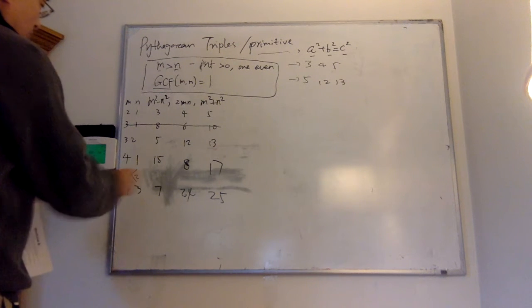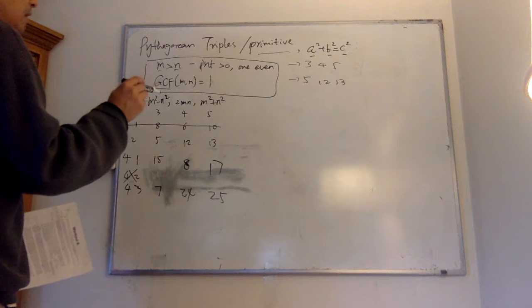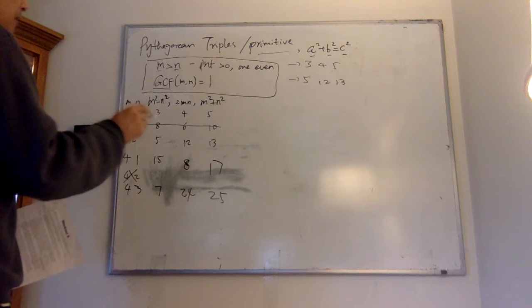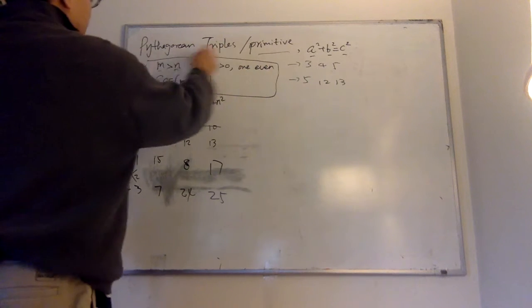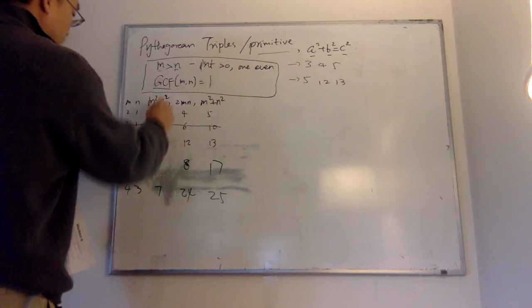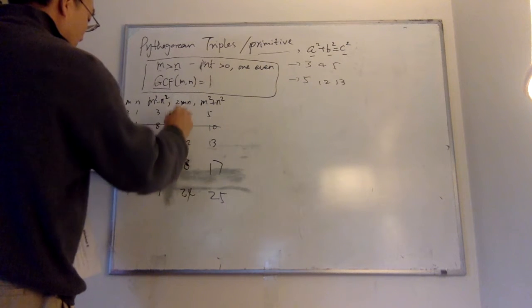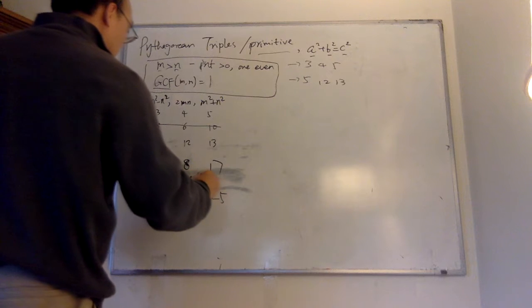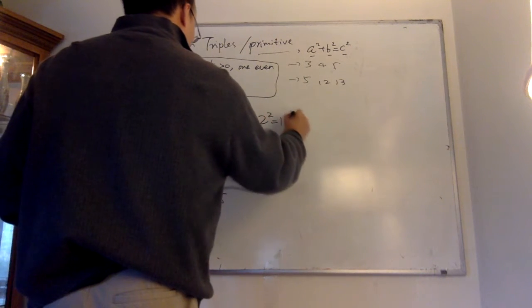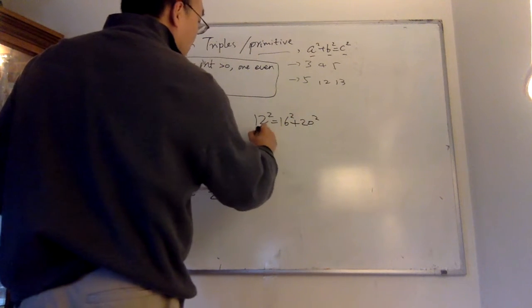These guys, 4 and 2, for example, give another set of Pythagorean triples, but they are non-primitive. They can be constructed from another primitive Pythagorean triple. For example, for 4 and 2, 16 take away 4 is 12, and then 16 and 20. So 12 squared plus 16 squared equals 20 squared. This is true, but they have a common factor of 4 in them.